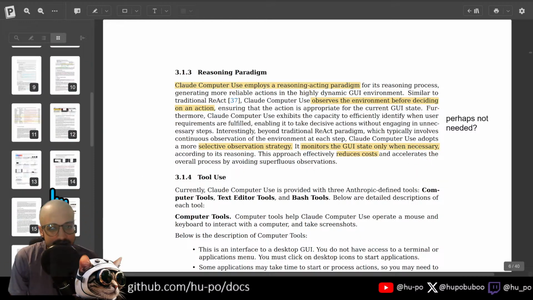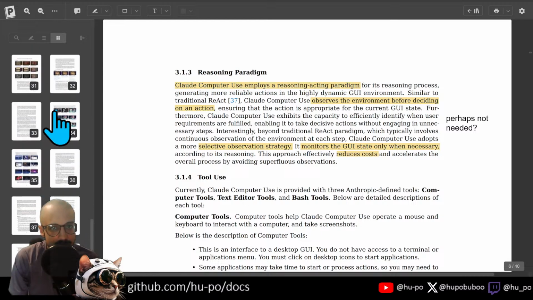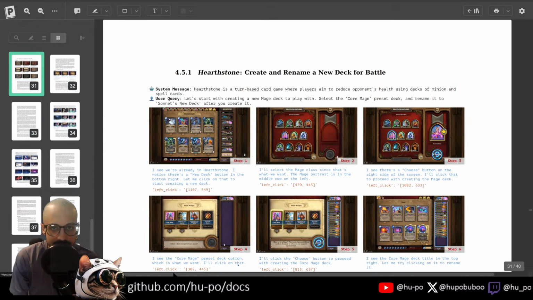But the problem is, I think it's not going to work for everything, right? Because it works for web pages, but there's going to be a lot of long tail stuff like this, right? Like, there is no HTML for Hearthstone or whatever this game is, right? You have to take it from pixel space. So I think the fact that pixel space works for everything, right? No matter what, you can always just take the screenshot and then use the screenshot, right?